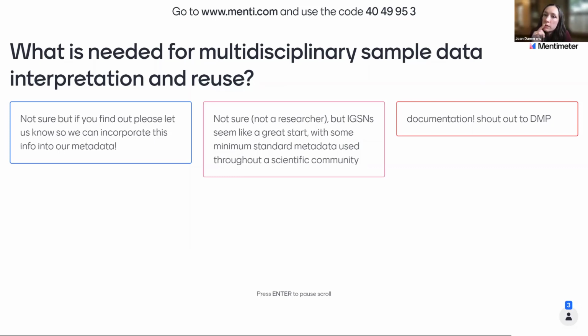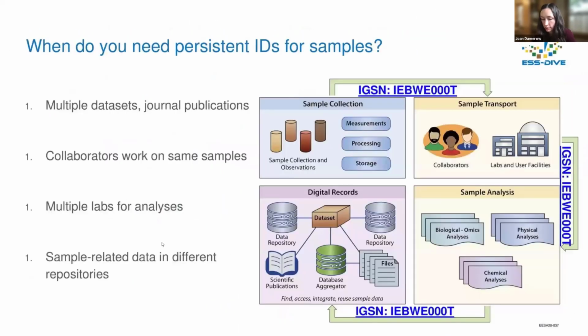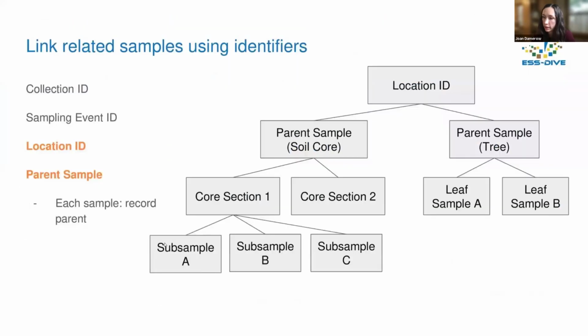And so I have the example in the slide where we show some of the potential sample hierarchies that you may have, like a soil core that may be collected that then has multiple core sections that were collected at different depths. And depending on what research question you're asking, the sample that you're dealing with may be that core section, or it may be individual subsamples that are then sent to different analyses. So it's really project specific.